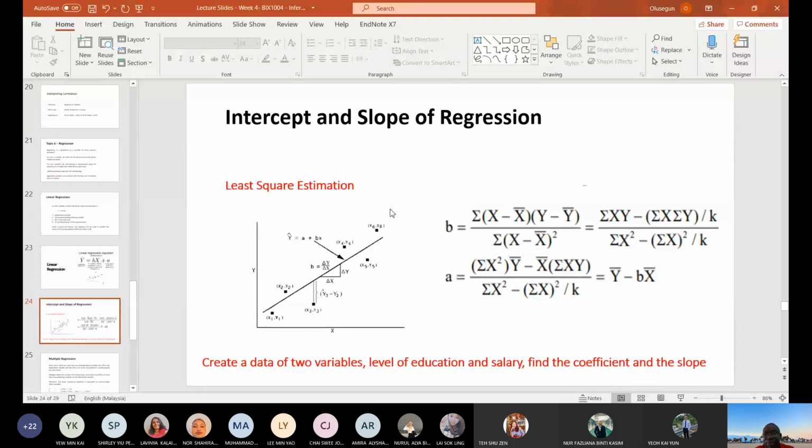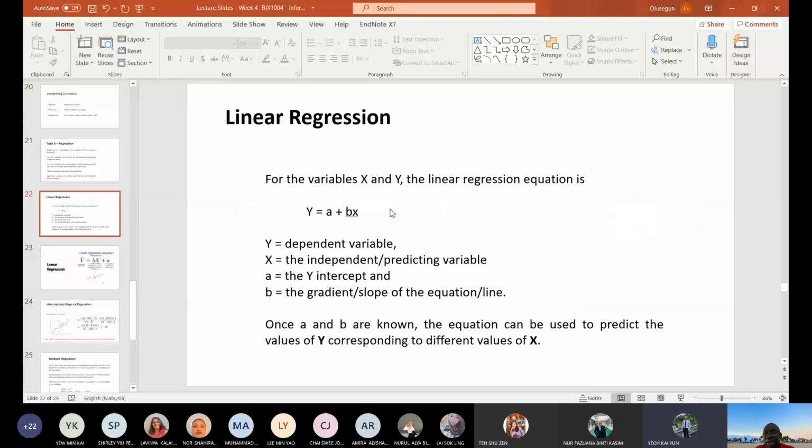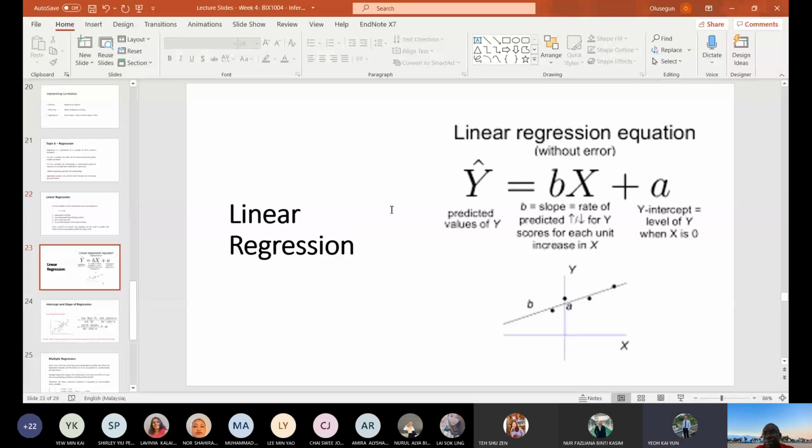Any question? Doctor, can you go to the previous slide? Okay. This one? Doctor, you see the Y labeled as the dependent variable, right? Yes. And then the X is labeled as the predicting variable. X is predicting, yes. The Y is the predicted value.